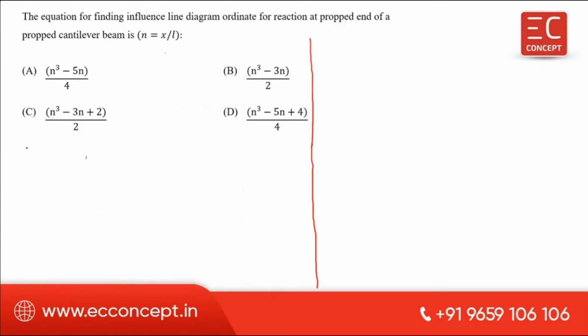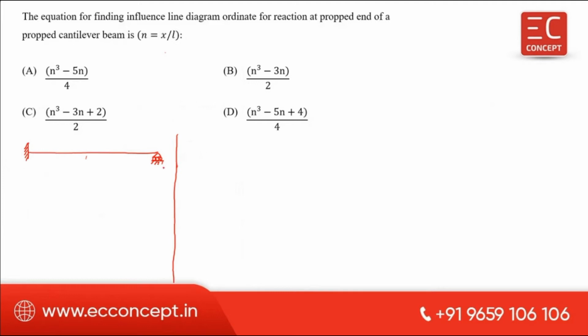For example, we are going to draw ILD for propped cantilever. So this is the propped cantilever. What is the ILD? How to calculate ILD? This ILD for RA, they are asking ordinate for reaction at propped end, right?